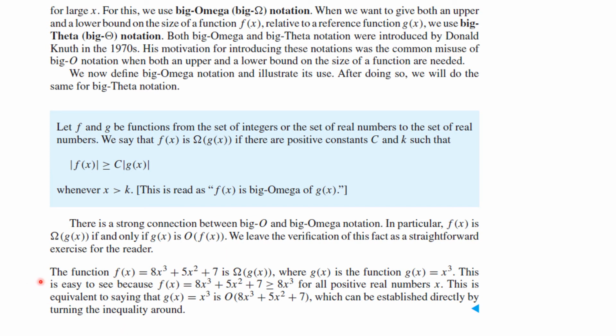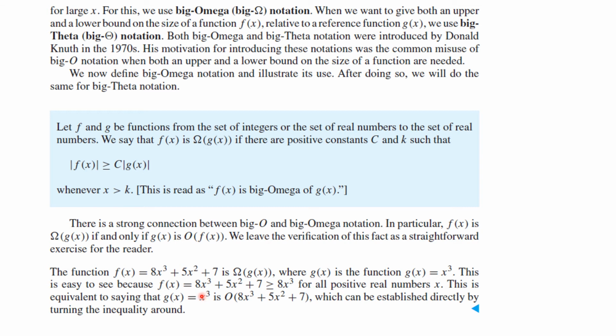Let's look at an example. The function f of x equals 8x cubed plus 5x squared plus 7 is omega of g of x, where g of x is just x cubed. Because if you look at this, this is going to be bigger than x cubed. You're adding positive numbers to it. So it's easy to see that it goes this way.